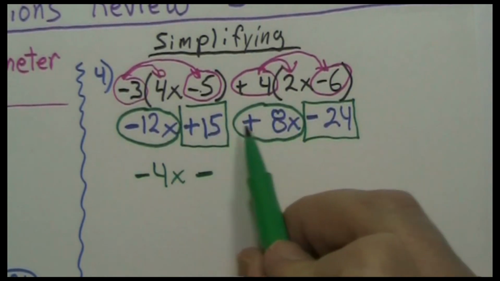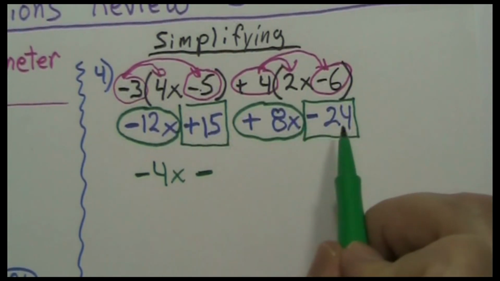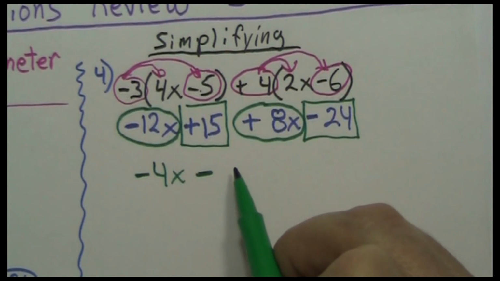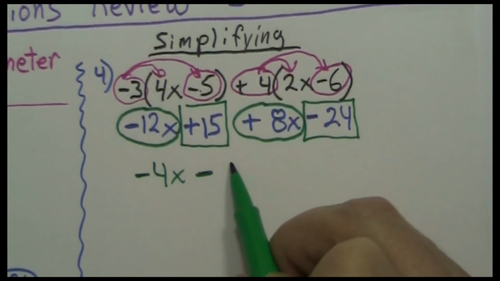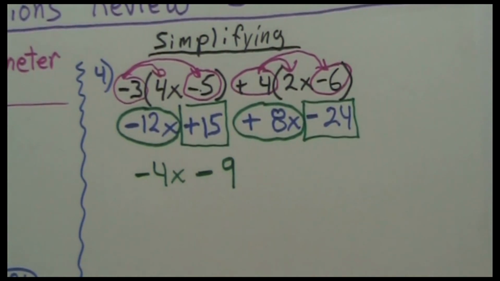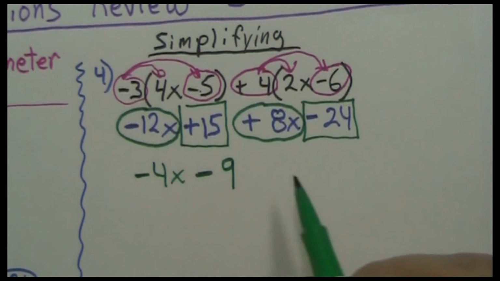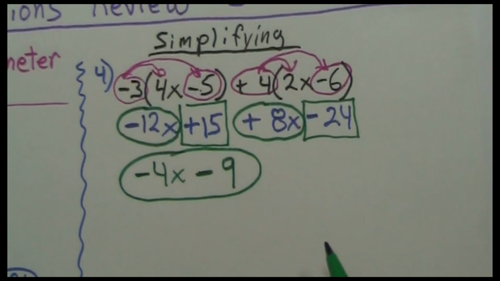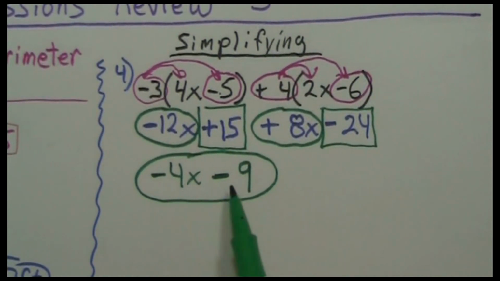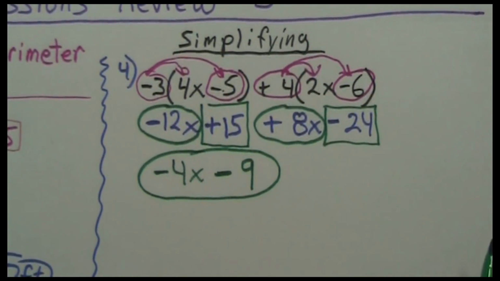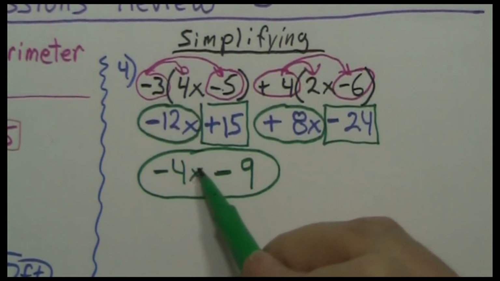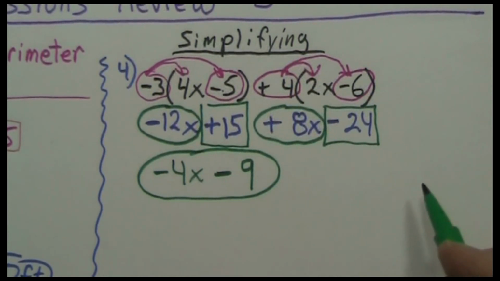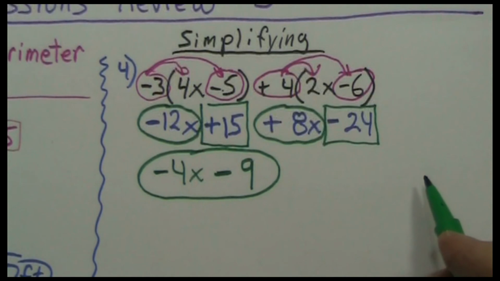So 24 minus 15 basically is the answer. 24 take away 15 is going to give us 9. And that is the answer. That's all you can do. It's now reduced. There's nothing else. It's simplified. There's nothing more you can do. And we're not putting any number in there. It didn't ask us to. It just said simplify it.